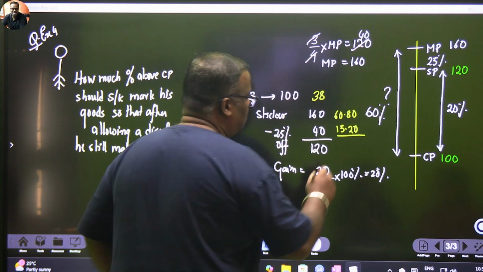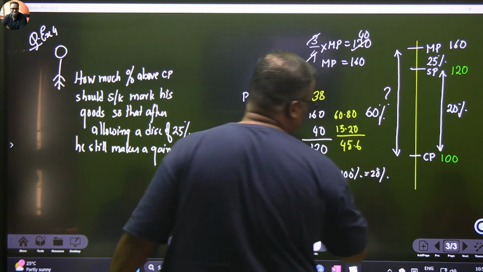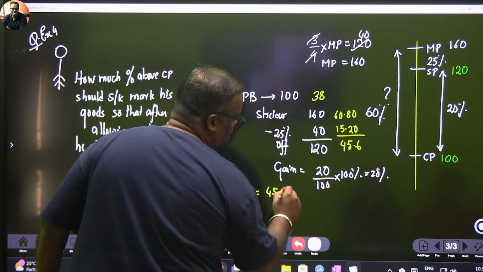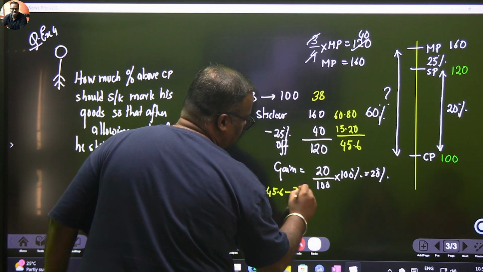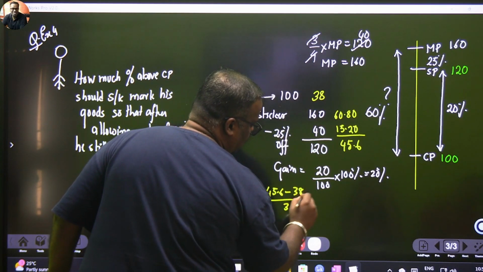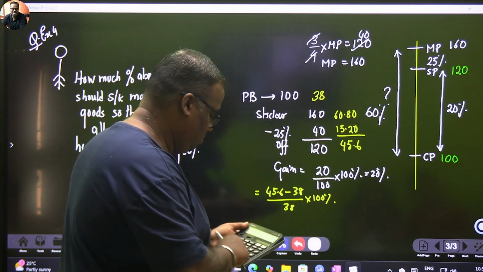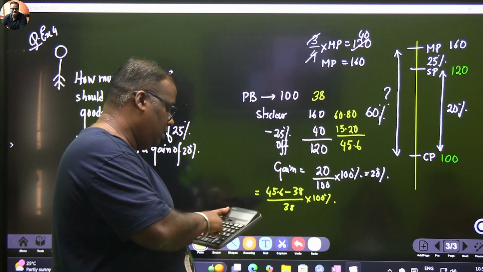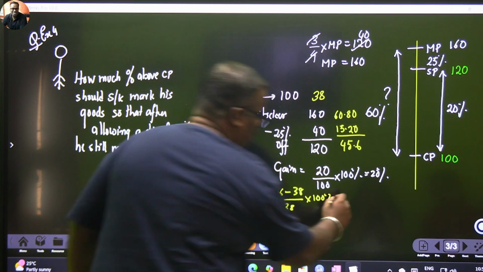I sold the pencil box to Abhigya at 45.6. So my gain percent is 45.6 minus the cost price 38, divided by 38 into 100%. So 45.6 minus 38, which is 7.6, divided by 38 into 100, which is 20%.